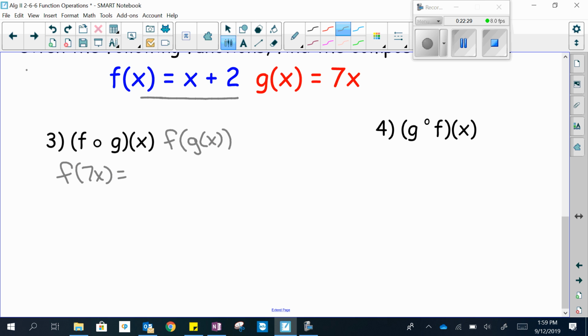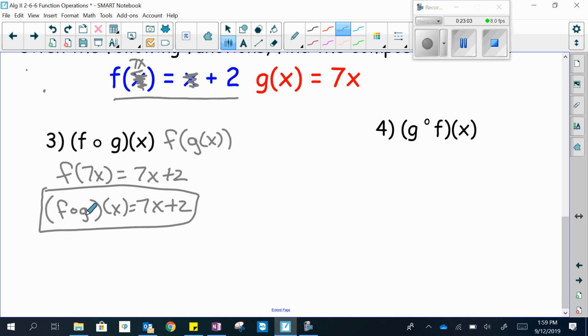We're taking the f function and replacing the x with 7x, because we're replacing it with the g function. So I take out the x and put in 7x. That can't be simplified. So f of g of x equals 7x plus 2.